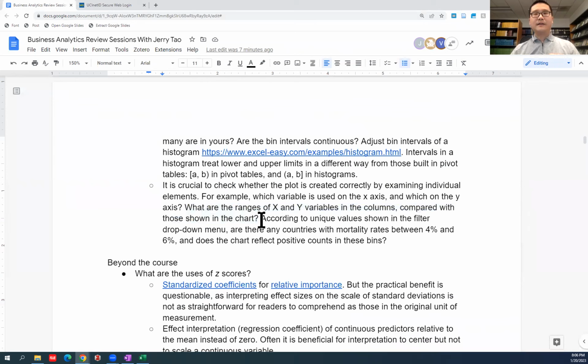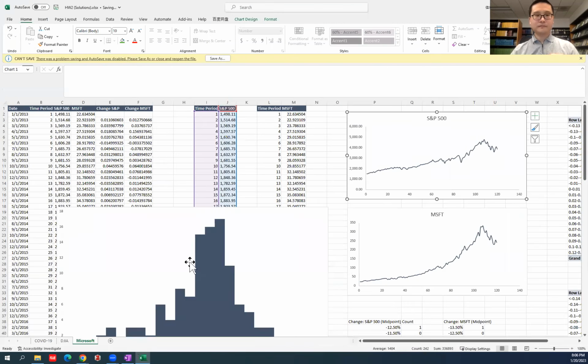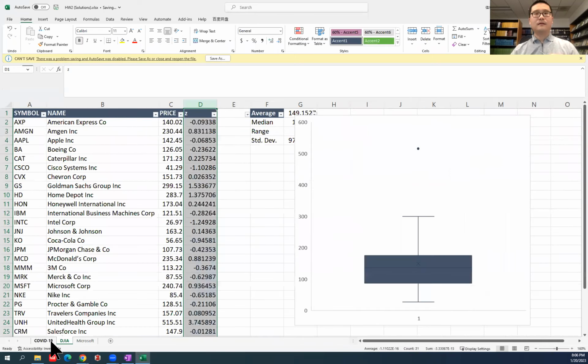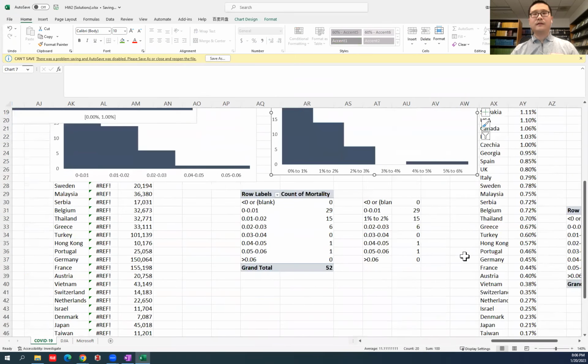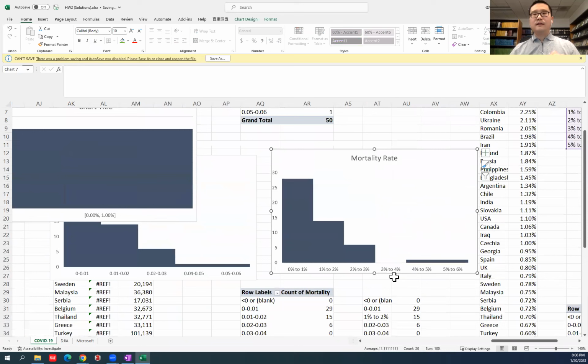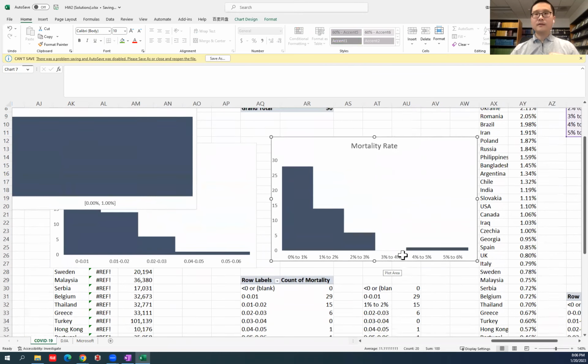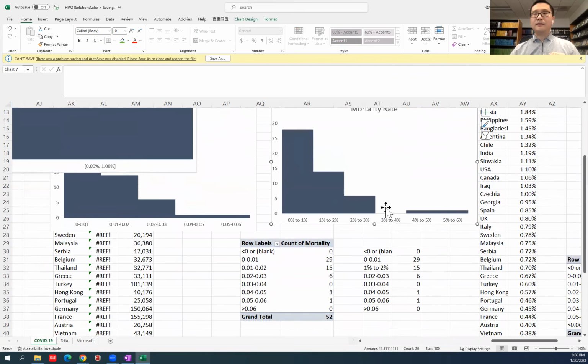Another good way is to check some individual elements. This is particularly useful when we build histograms. So for example, here, we already observed that the mortality rate has no countries or regions in the bin of 3 to 4% mortality rate.